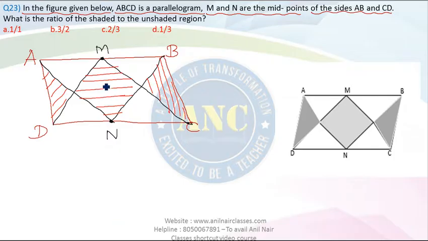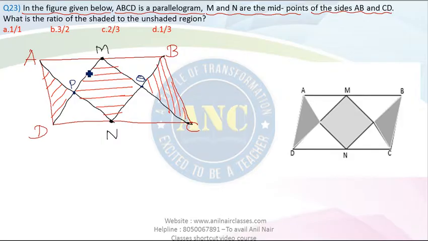Now suppose I name these points as P, and let me name this particular point as Q. Now MPNQ is a quadrilateral, right? MPNQ is a quadrilateral. Now I can also say that the two diagonals of a parallelogram divide the quadrilateral into 4 equal areas.